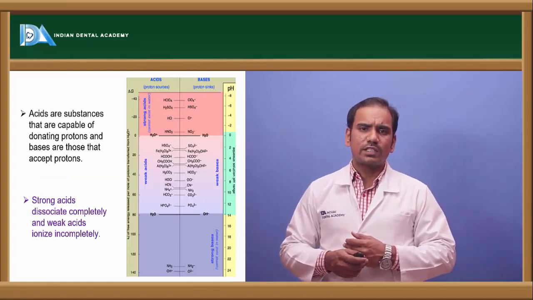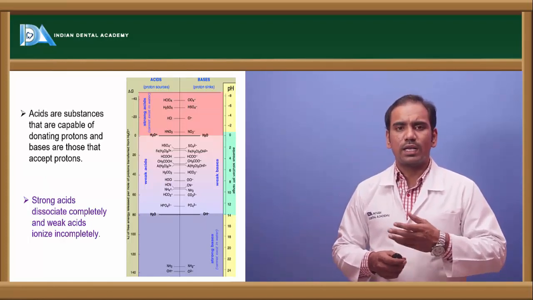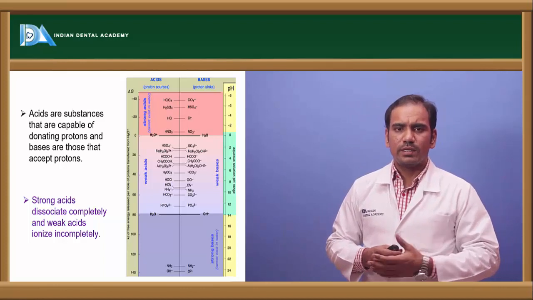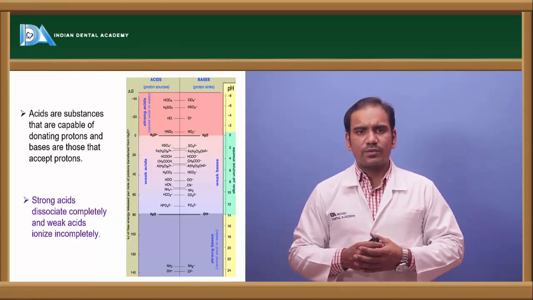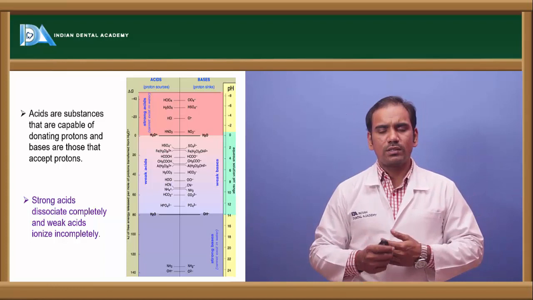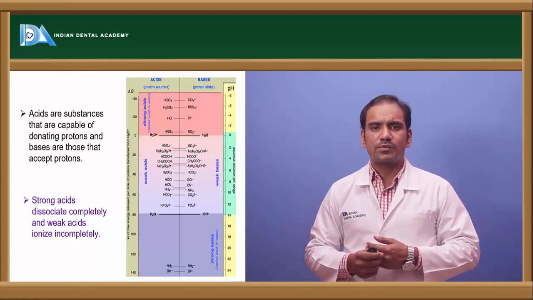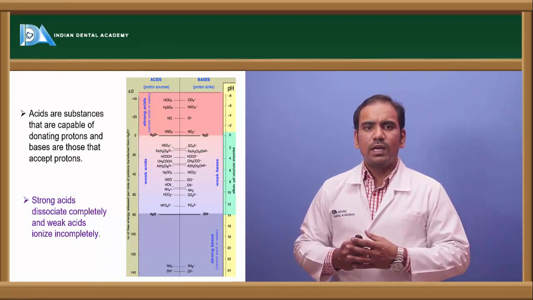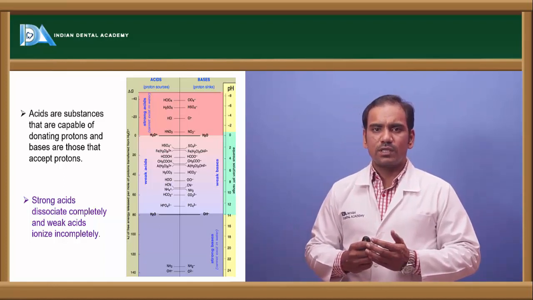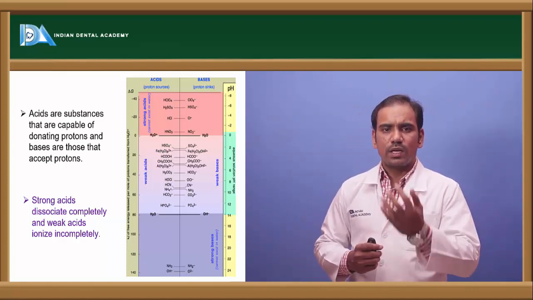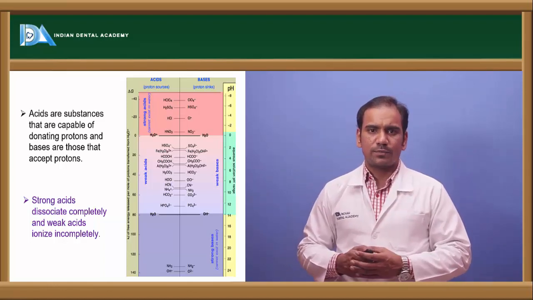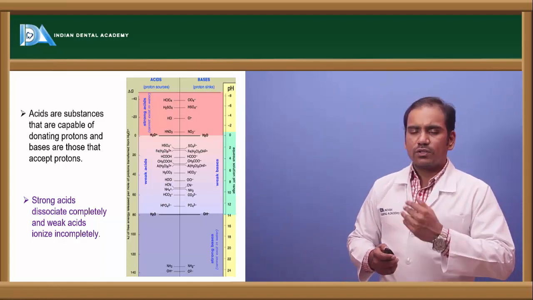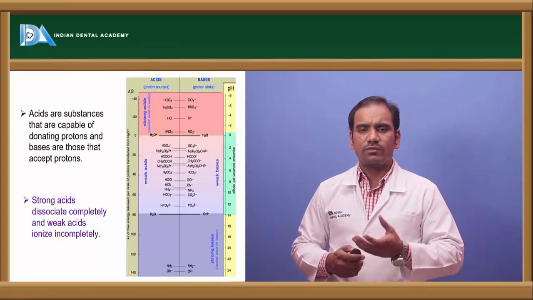Before going to the details of acid-base balance, first you should know what acids and bases are. Acids are substances which can donate protons, and bases are substances which accept protons. What is a strong acid, and what is a weak acid?